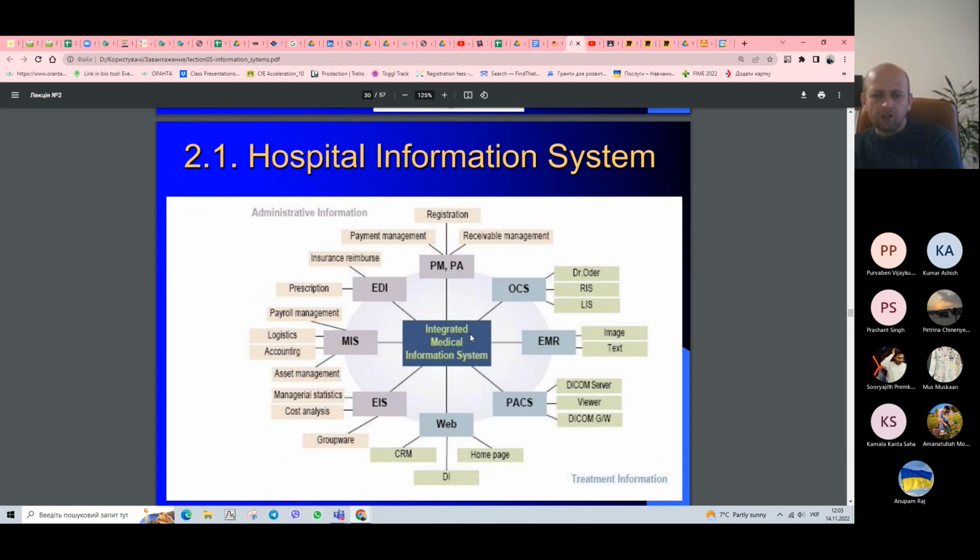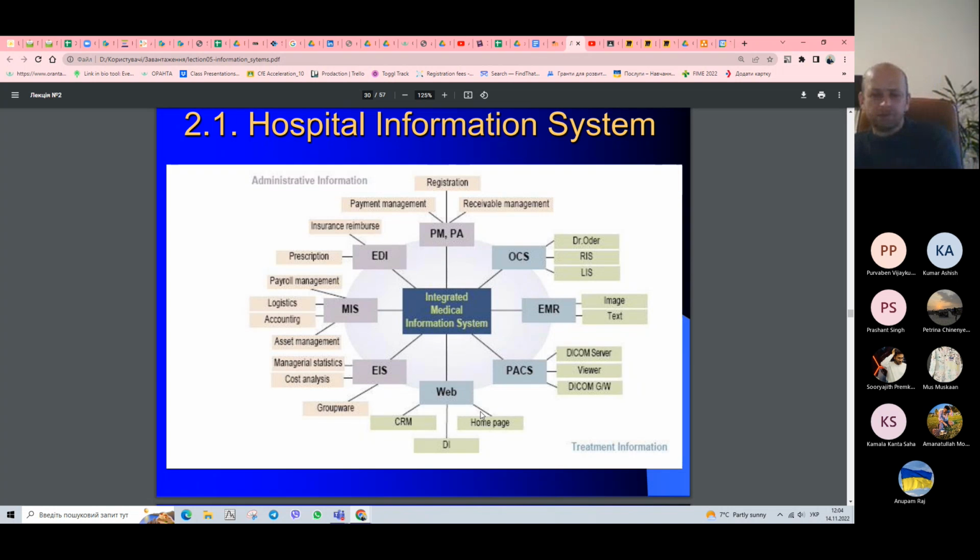This connects with the integrated medical information system, and you can find different kinds of medical information systems which can and should provide necessary group information about registration, management, insurance, prescription, payroll management, logistics, assessment, cost analysis, DICOMs, different kinds of formats, data storage, electronic medical record storage, and all connected to different types of users.